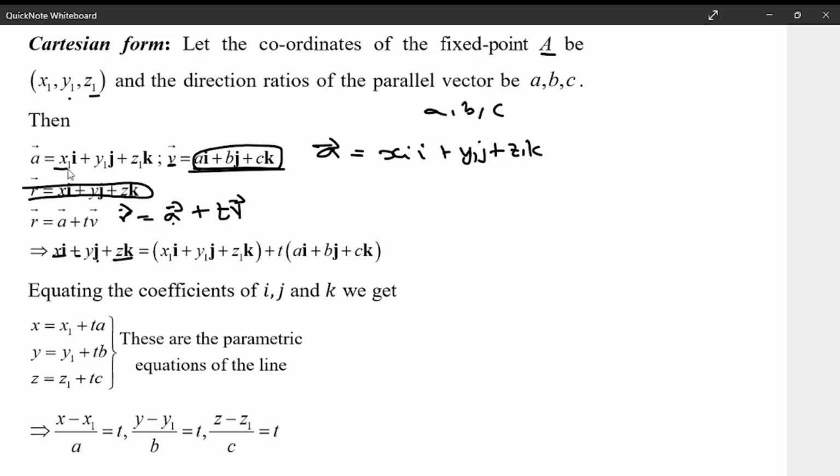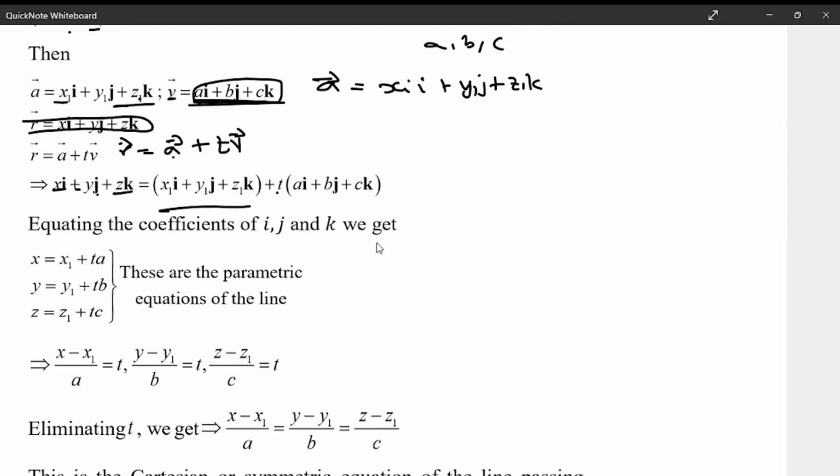Our a is x1 i plus y1 j plus z1 k, plus a certain scalar t times v, and our v is ai plus bj plus ck. Alright, so let's equate the coefficients of i, j, and k.